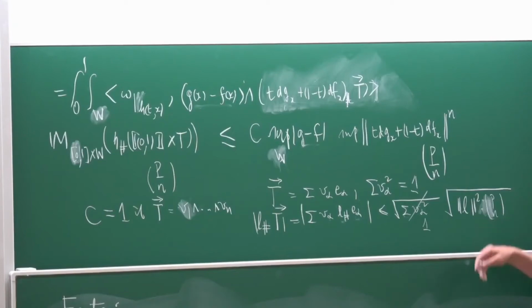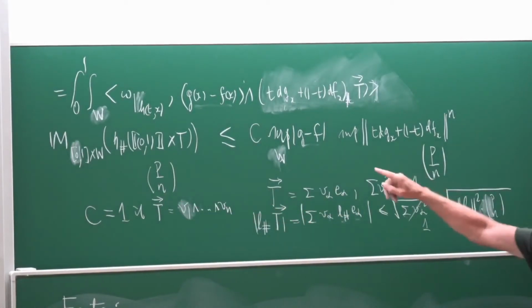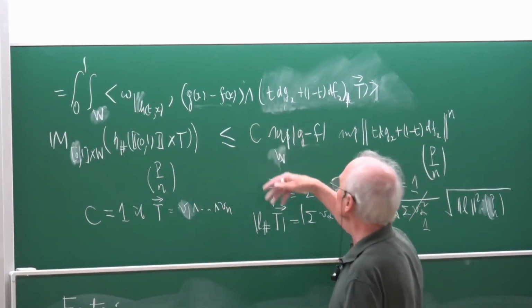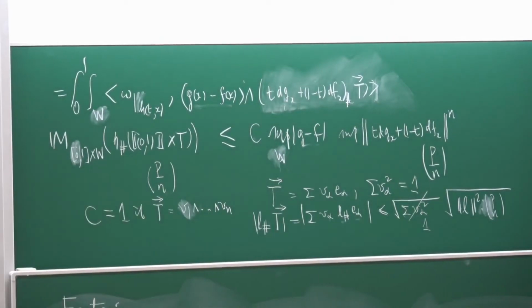But in general, you'll get a factor p choose n to the 1/2 power. So you do get a constant there. Anyway, this is what you get for the bound on the mass. The constant doesn't matter usually, but we're going to make use of that inequality on the mass for an affine homotopy.